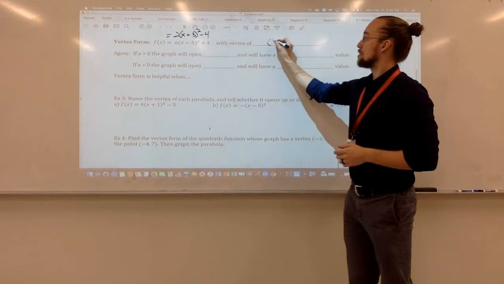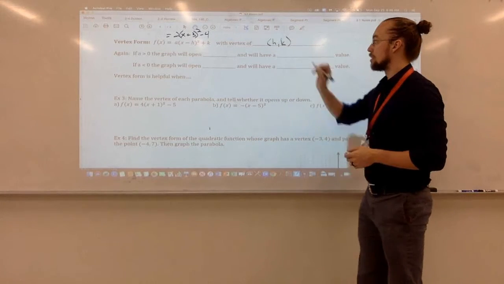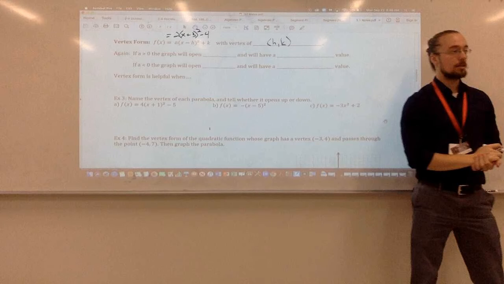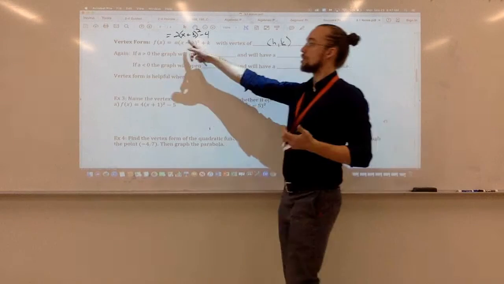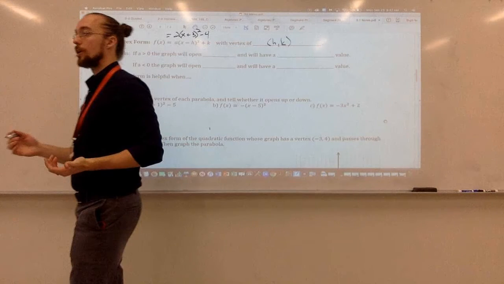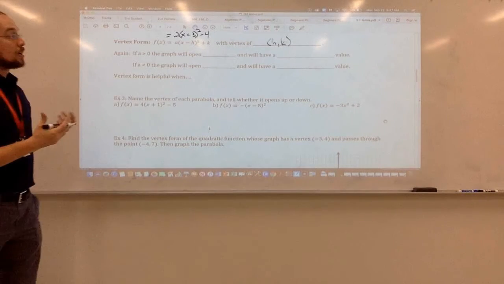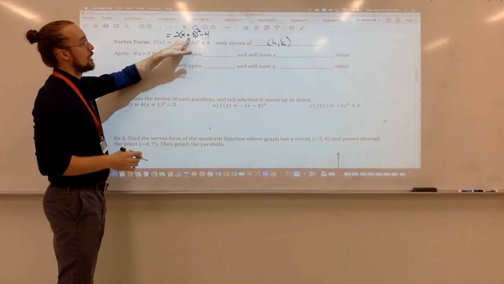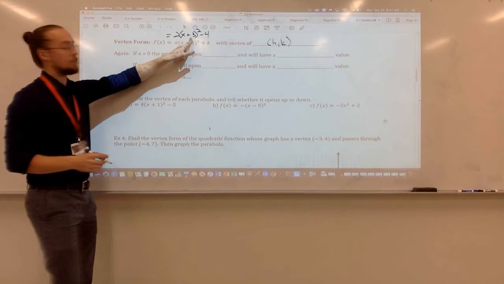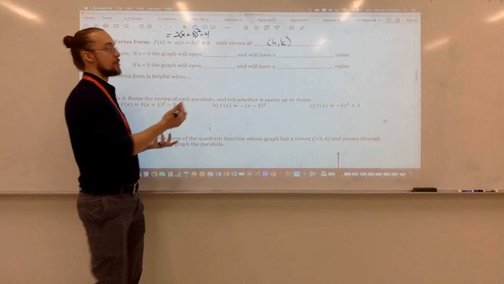The vertex of this parabola is the point (h, k). So in our example here, 2 times x plus 3 squared minus 4, since I have a plus sign here, this is the x-coordinate of the vertex, but I always take the opposite sign.